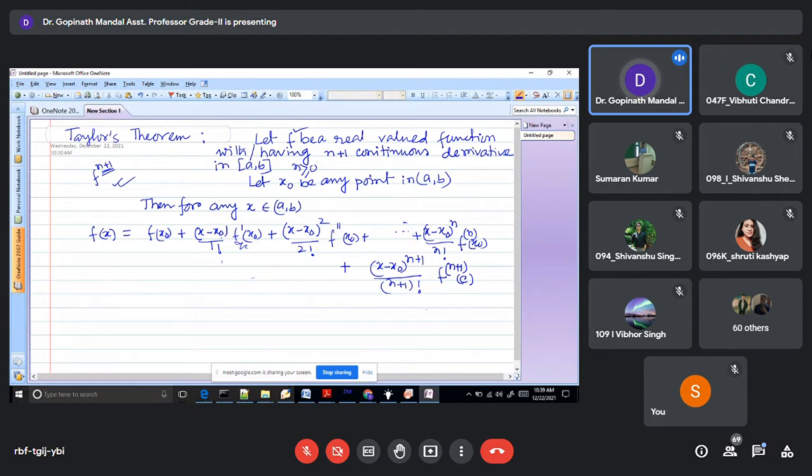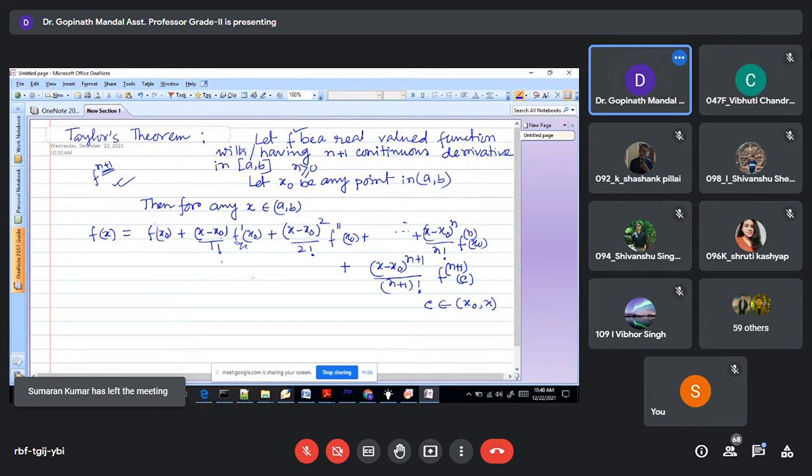where C is a point that belongs to x0 to x. So there are two parts here: this is one part, and this part is the second part.